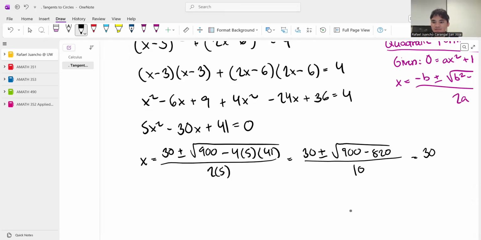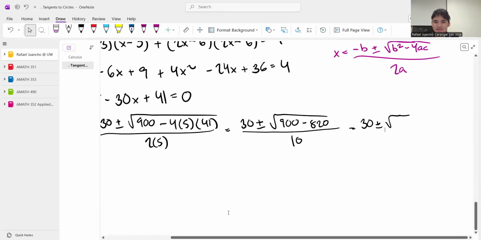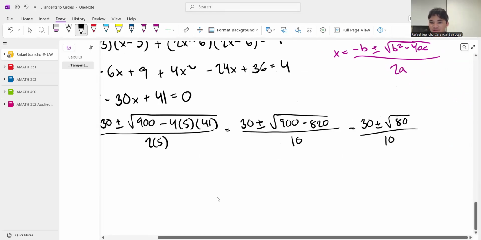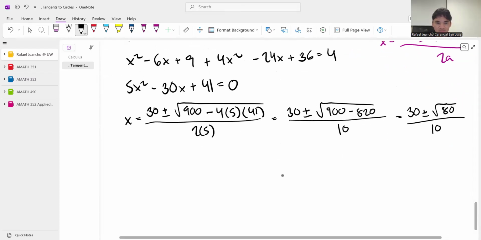And then let's keep solving it. What makes this one hard is the algebra, honestly. 900 minus 820. Feel free to use a calculator because honestly, I can't do this without a calculator. Right, I have that. I can keep simplifying this.